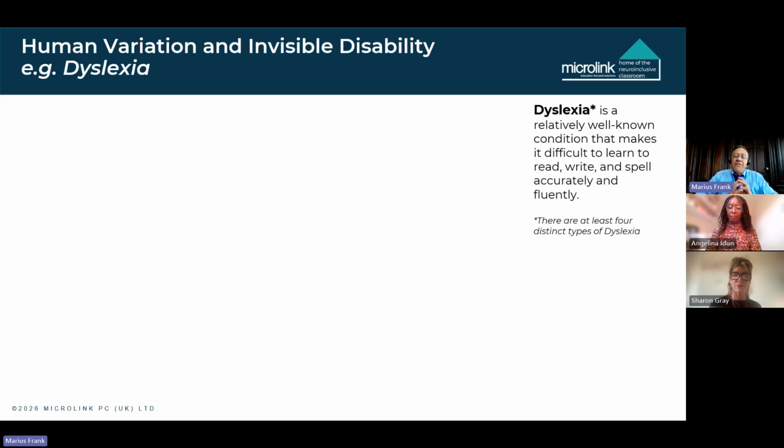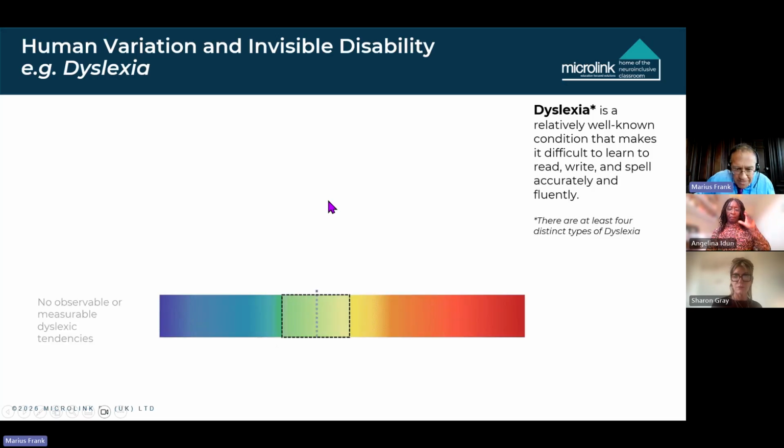Now, if we take this variety and variation in human function, we can represent that on a spectrum. And let's just label the extremes of that spectrum: no observable or measurable dyslexic tendencies, all the way to some adults and children who can be severely dyslexic.